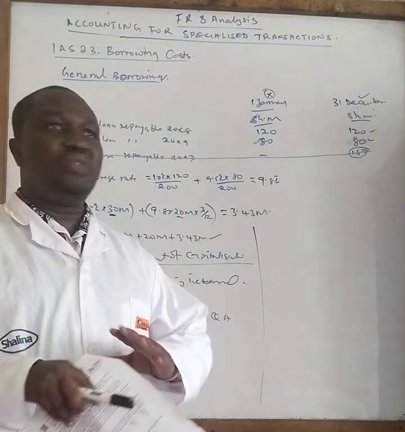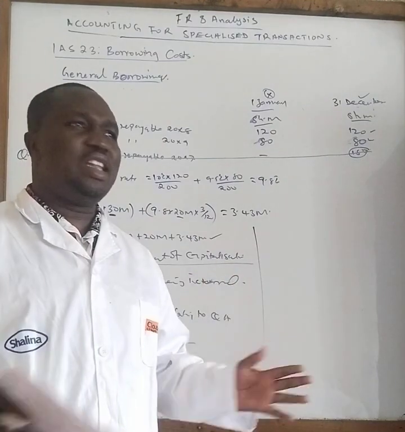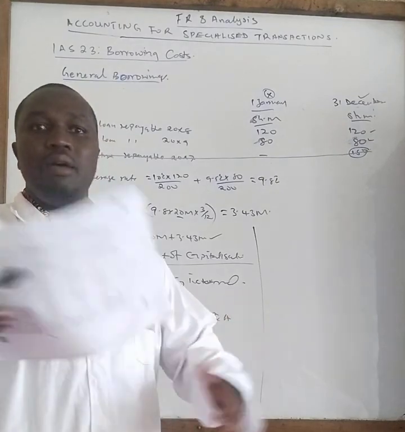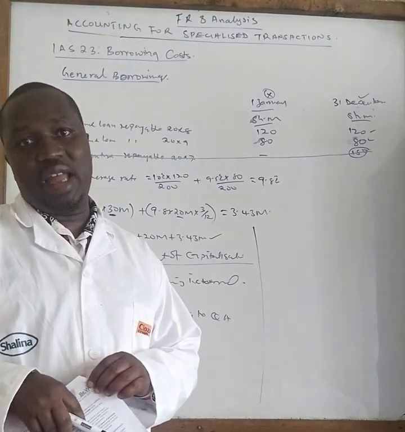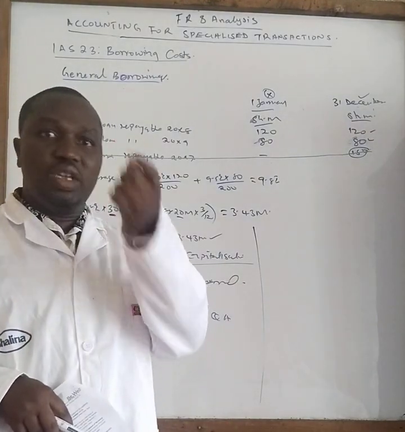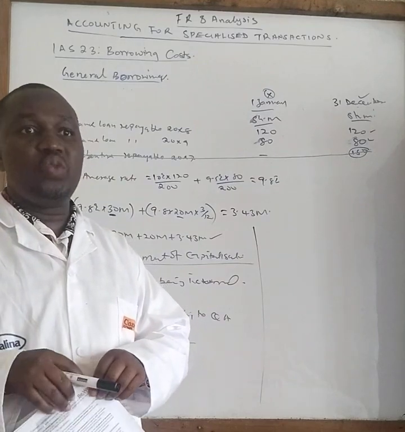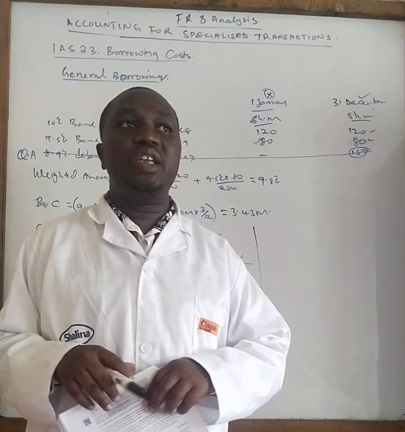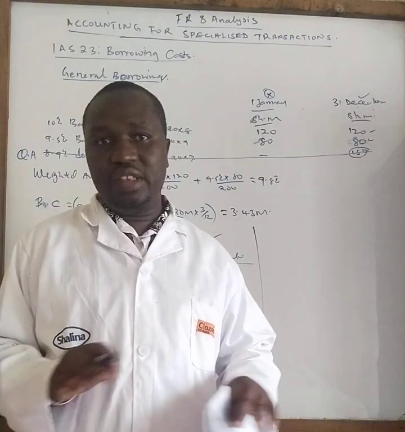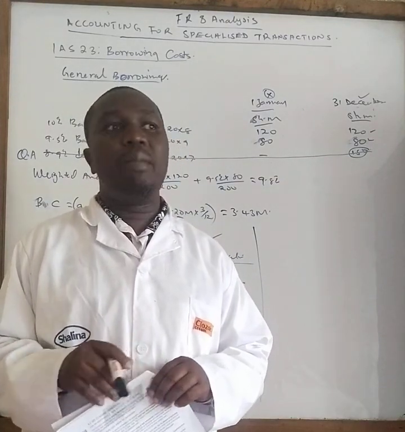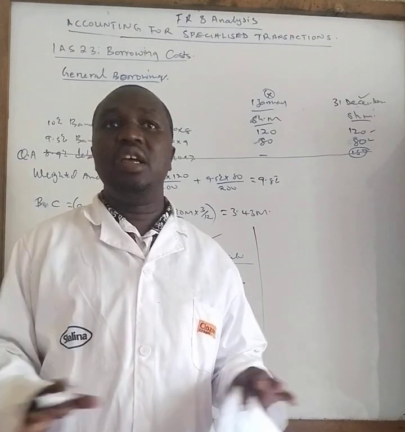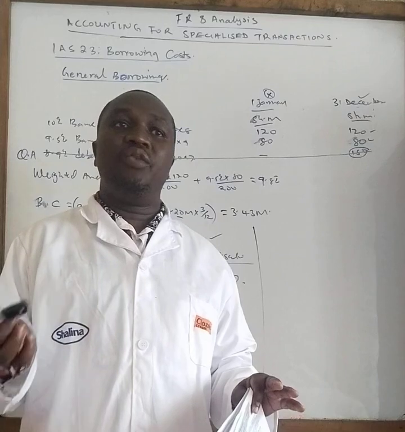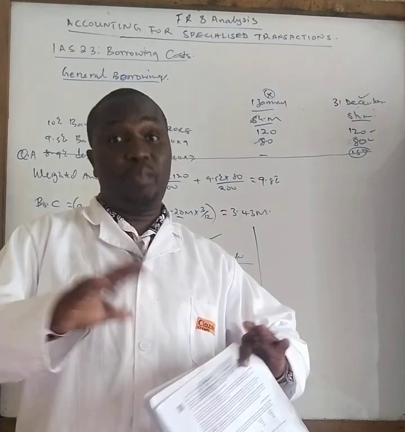For example, any natural occurrence or a calamity may come and affect the progress or delivery of that particular asset. For instance, in 2020, we experienced COVID-19. COVID-19 interrupted all the activities in any country, whereby businesses were suspended and no construction was going on. So the project has been suspended.